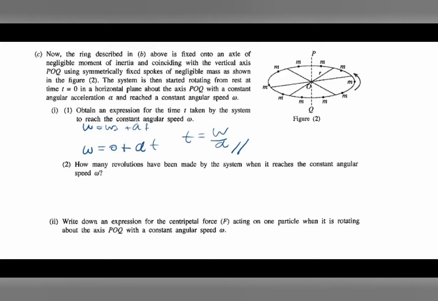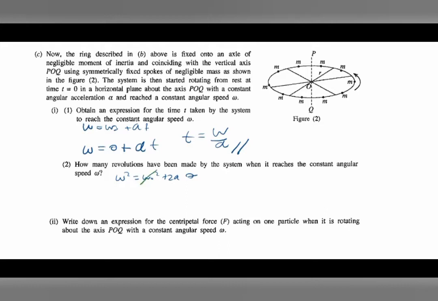How many revolutions would it make? The revolutions made by the system when it reached the constant angular velocity. Let's find it. You can write omega squared equals omega naught squared plus 2 alpha theta. The stuff is going to be really simple. Now omega naught is going to be 0 as usual, so it's cancelled off.